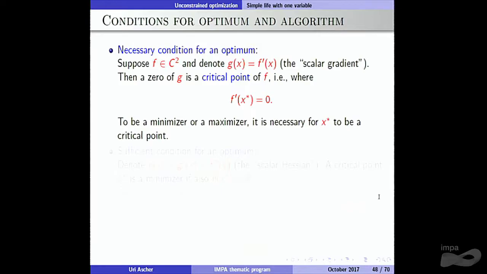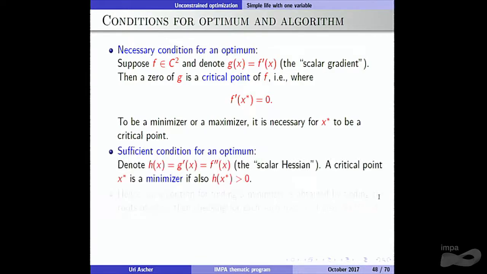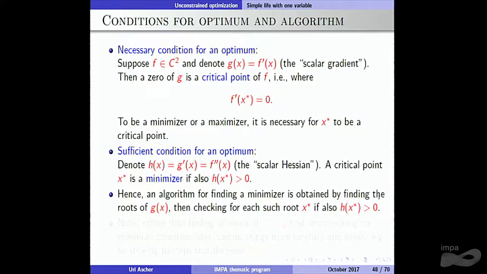In one dimension, we know from high school that where the derivative is 0 is a critical point, and that can be a minimum or a maximum. To find out which, we look at the second derivative. It is a minimum if it is positive where the first derivative is 0. In more than one dimension, life is much harder.